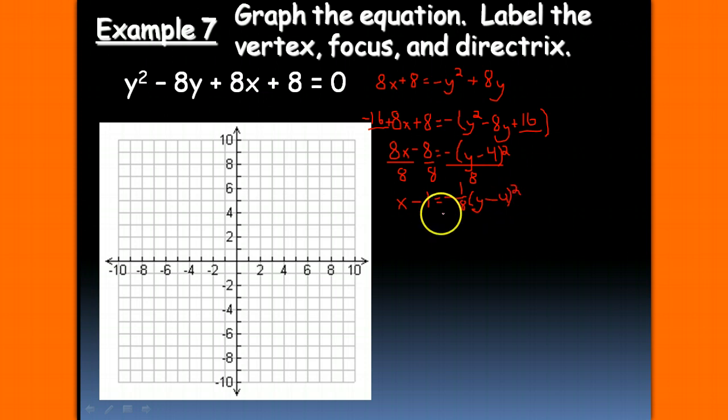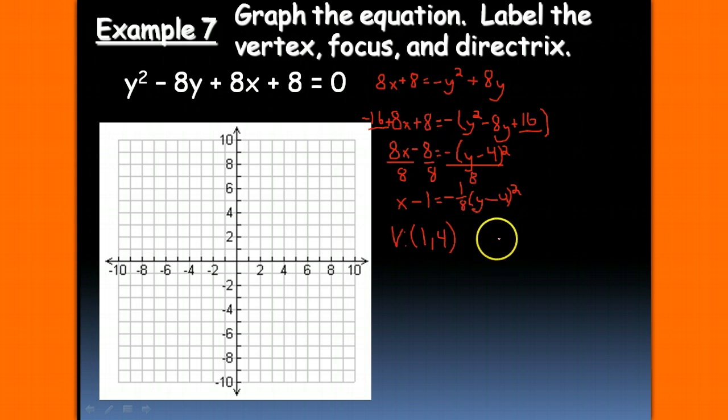Alright, and that looks like we've got it in standard form now, right? Okay, so now we need to pull out our pieces. So our vertex, first, we're going to get from our x and our y in our equation. So we're going to have it be 1, because we take the opposite of this, comma 4, because we have to take the opposite of that.